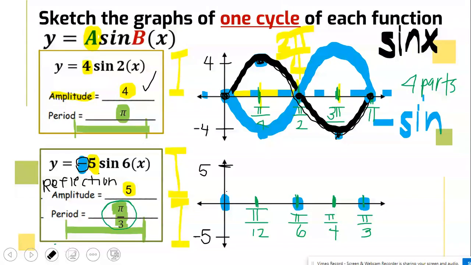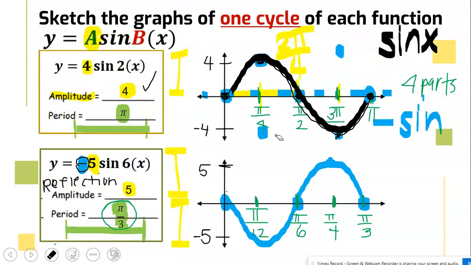On this graph, we have a reflection, which means instead, it's going to start at 0, but go down, come back up, and then reach its peak and come back down. So that's what happens if you have negative in front of your amplitude. You reflect.